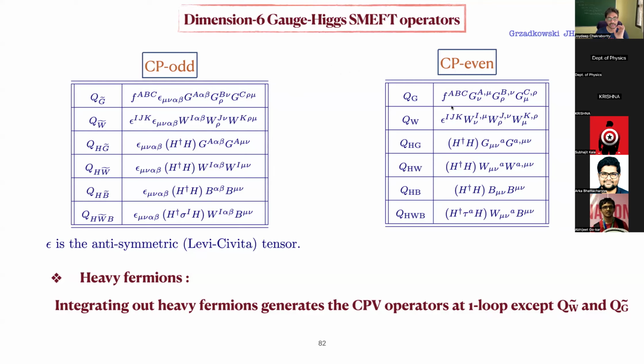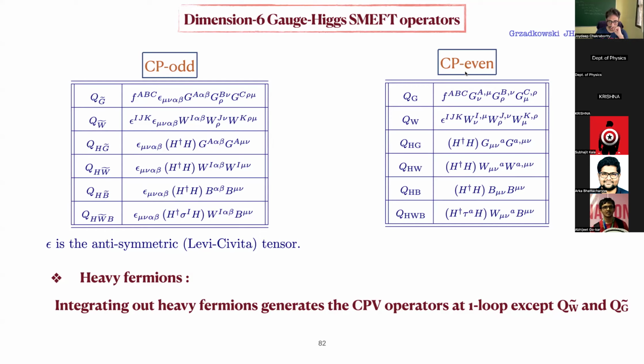So the statement is the following. You can generate CP conserving or CP even operators from a UV theory without generating CP violating operators. Statement 2: you cannot generate CP violating operators without generating the CP conserving operators.